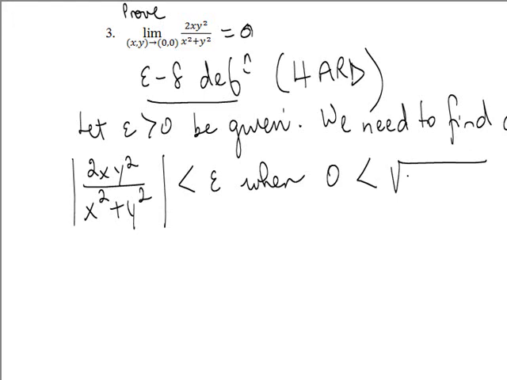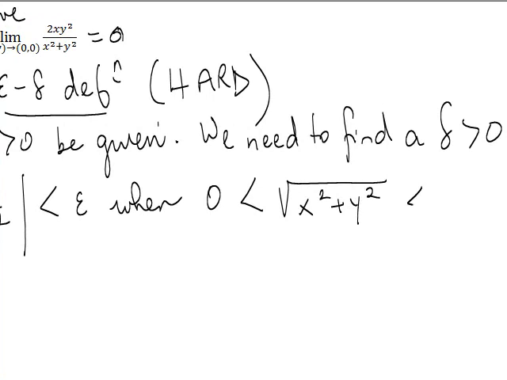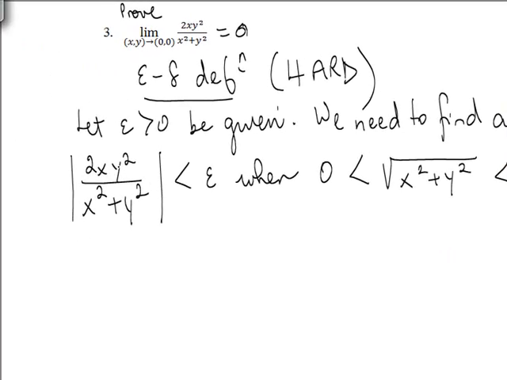A and b are both 0, so this becomes the square root of x squared plus y squared less than delta. Now, what you're trying to find is delta in terms of epsilon. And the way you do that is that you need to reduce this absolute value thing to the square root of x squared plus y squared.